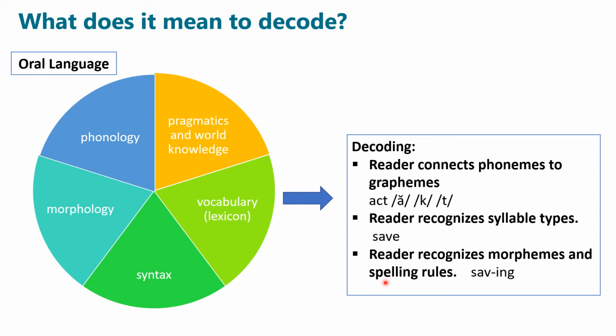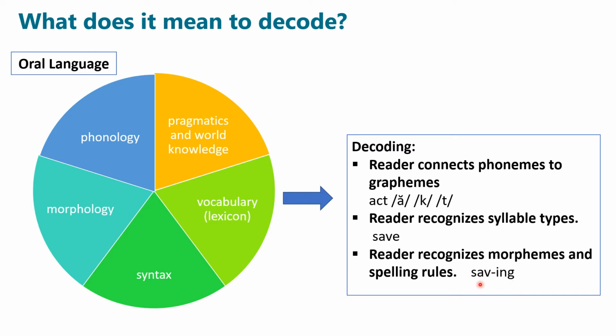And so as a reader who recognizes save, I might then recognize that saving is in the same word family as save. And what happened? Why am I recognizing this as saving? Well, I understand that this silent E fell away when I put on the vowel suffix.